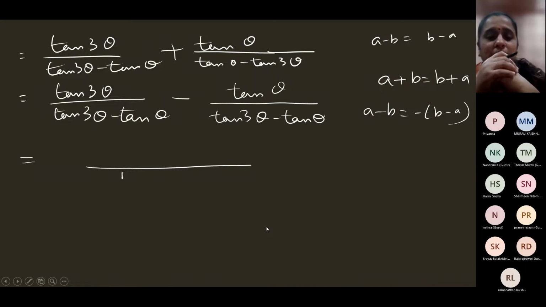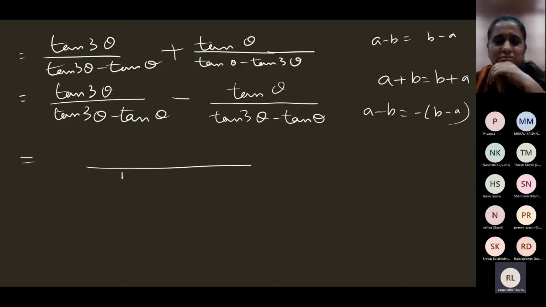Now tell me, what is the common denominator? Tan 3 theta minus tan theta is the common denominator. So what in the numerator?